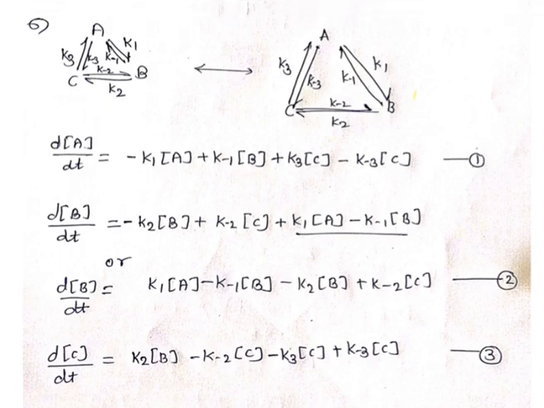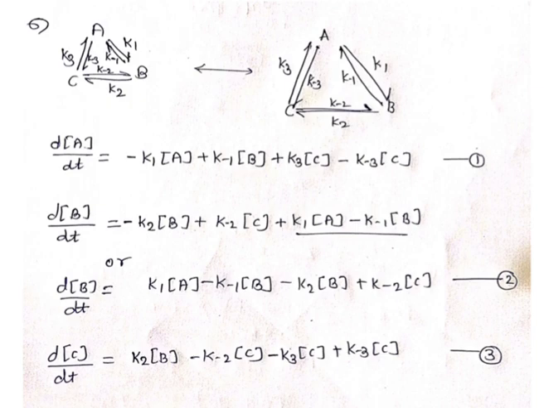So, A goes on decreasing to form C. It decreases, that's why the minus symbol. With rate K minus 3, it goes to form the product C, that's why minus K minus 3 into concentration of C. Here K1, K2, K minus 1, K minus 2, these are just symbols.